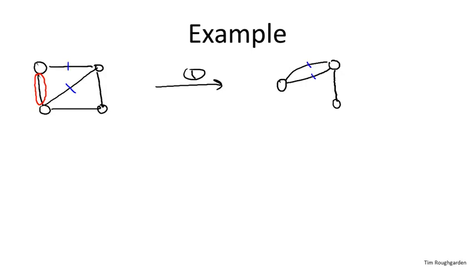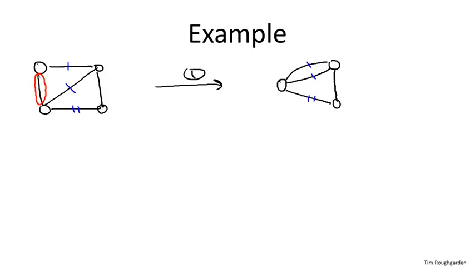And then I also shouldn't forget the bottom edge, which is the edge from the lower right node to the supernode. So that's what we mean by taking a pair of vertices and contracting them. The edge that was previously connected to them vanishes, and then all the other edges just get pulled into the fusion. So that's the first iteration of Karger's algorithm, or one possible execution.